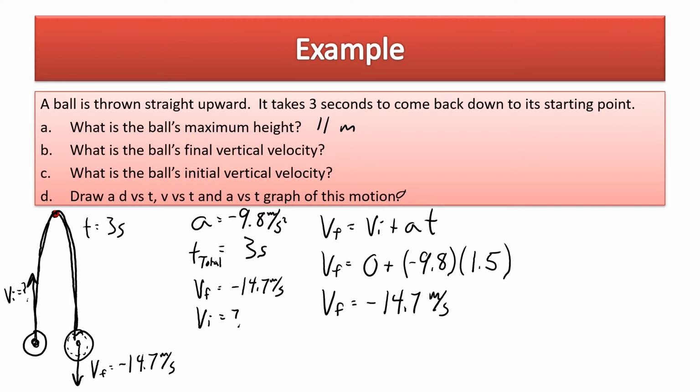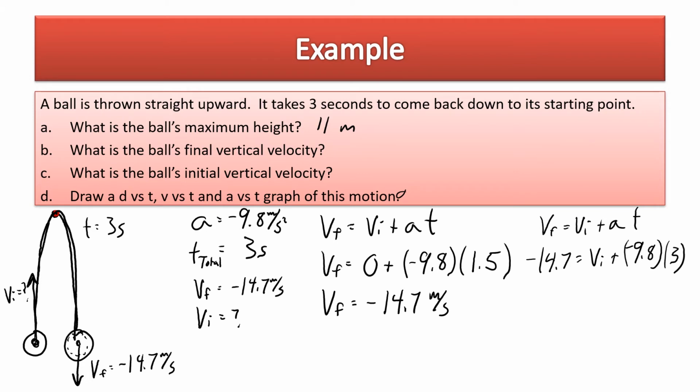So we could actually use the same formula, VF equals VI plus AT, but now we're plugging in different parameters because we're looking at the whole path. The final velocity we calculated before was negative 14.7. The initial velocity is what we're looking for. This is negative 9.8, and we're looking at the whole path, so this is 3 seconds.